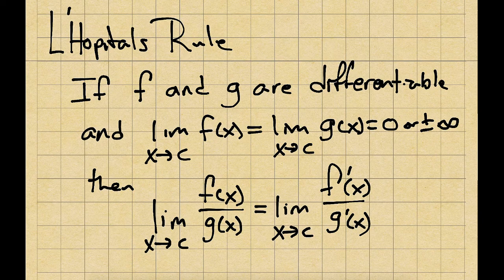So you get some kind of indeterminate form, 0 over 0 or plus or minus infinity over plus or minus infinity. What you can then do is differentiate the numerator and differentiate the denominator, and you'll generate a new thing to evaluate that normally works out.